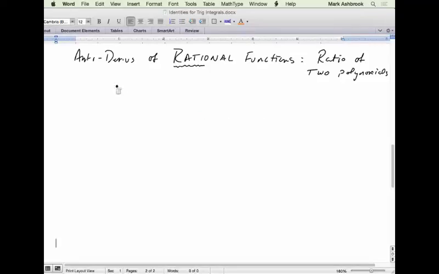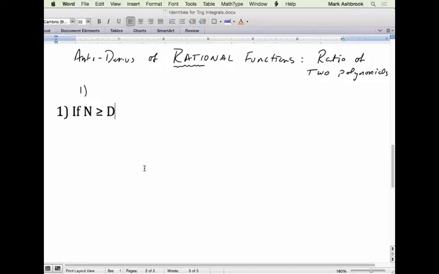Okay, and so for these, the first thing you want to say is if the degree of the numerator, n, is bigger than, so by this I mean the degree.